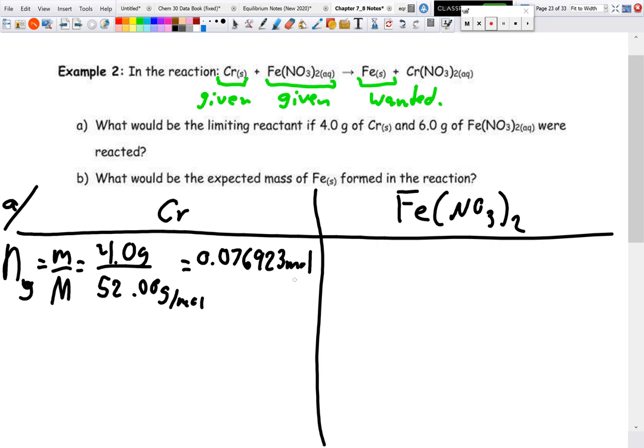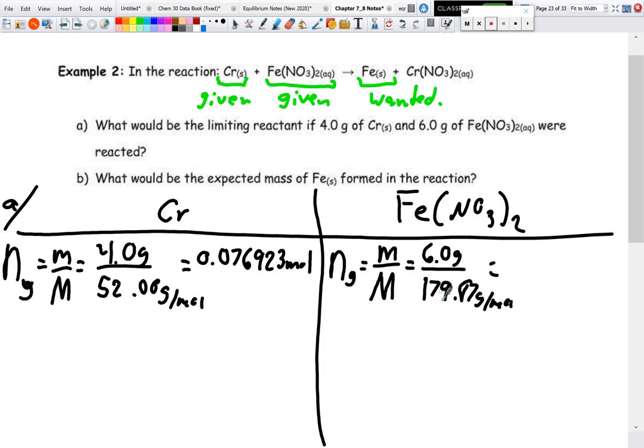Now our iron 2 nitrate, same thing, because we were given our mass. We do our mass over molar mass. In this case, it's 6.0 grams divided by the molar mass of iron 2 nitrate. We've got 1 iron, 2 nitrogens, 6 oxygens. So we add all those together and we get 179.87 grams per mole.